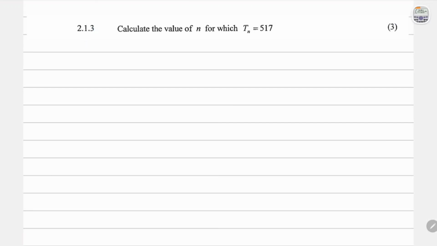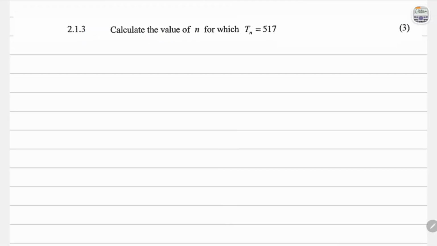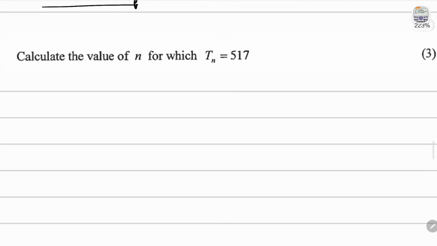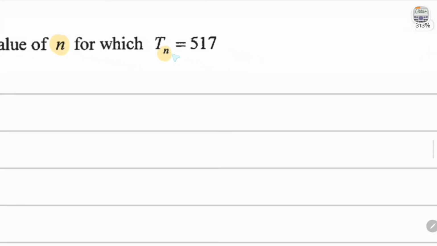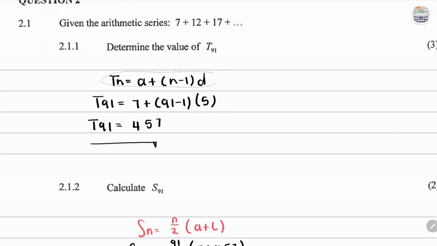Question 2.1.3 says, calculate the value of n for which Tn is equal to 517. So they want the value of n for which Tn equals 517. You can see that if they're saying Tn, they're saying term what gives us 517. So that means we need to use the Tn formula again in this question.